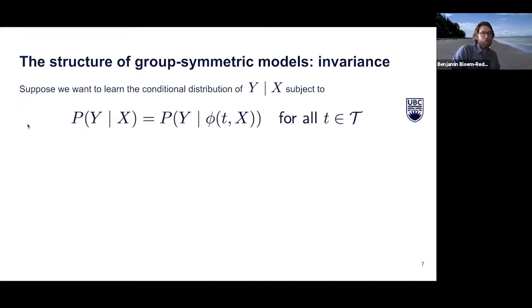When we assume there's some invariance in our model, then really what we're trying to do is learn a conditional distribution of y given x, so that the conditional distribution of y is the same no matter how we transform x. I've dropped the subscript on the action there just for convenience, but the idea here is that we want this notion of conditional distribution being invariant when we act on x.